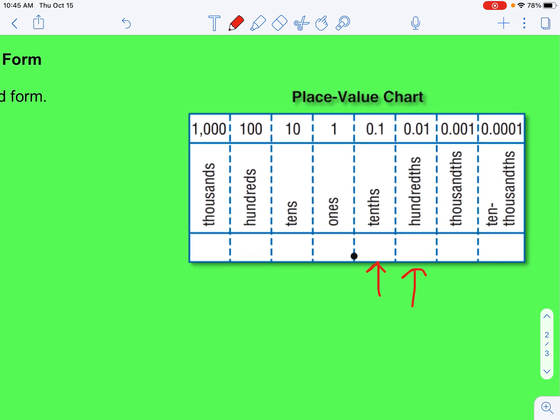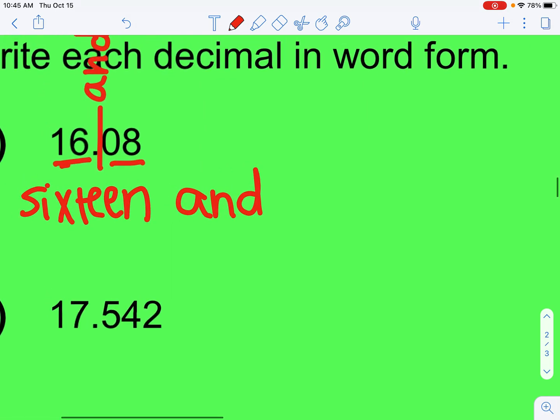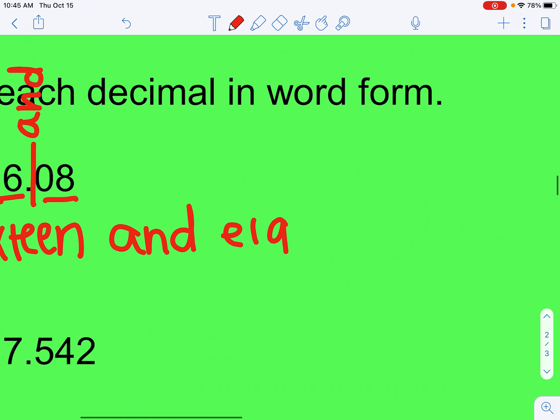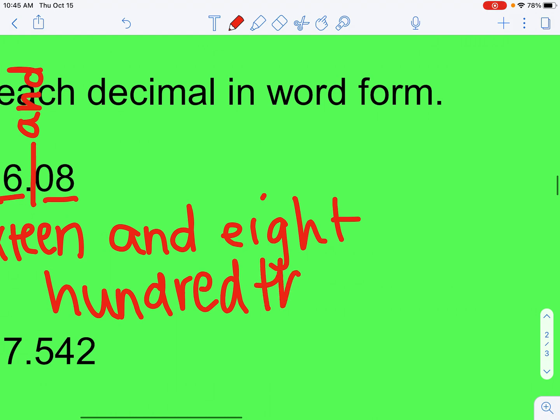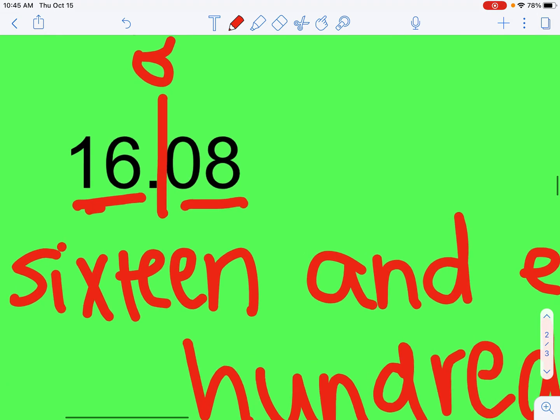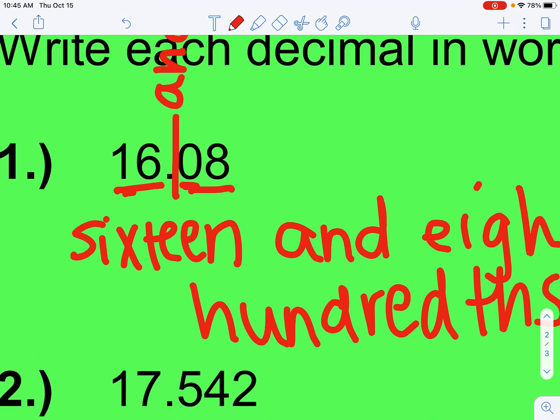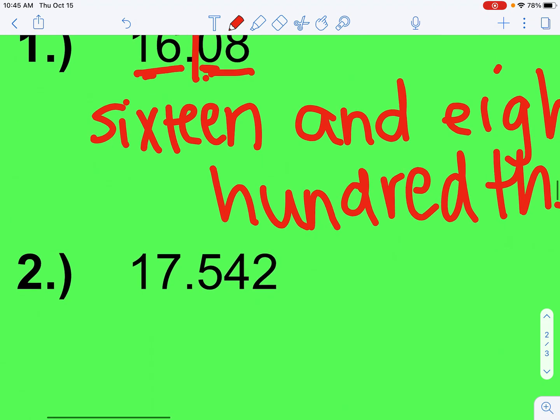So here's tenths, here's hundredths. So this is 16 and 8 hundredths. And we can ignore this 0 because it doesn't mean anything for us. It's just telling us there's nothing in the tenths place, but there is something in the hundredths place.